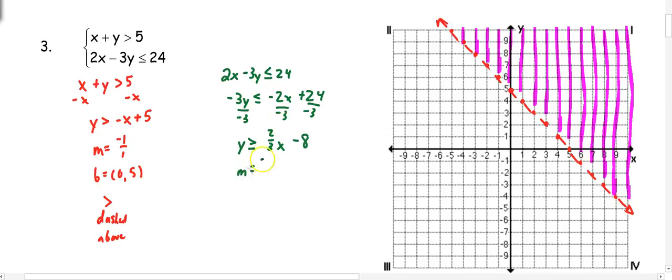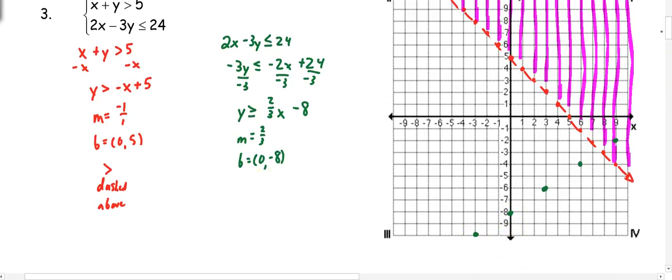So in this case, our slope is 2/3, and our b value is 0, negative 8. So I'm going to go to negative 8 on the y-axis. I'm going to use the slope up 2 over 3. And then I'm also going to go the opposite direction, down 2 over 3, so I can get a good line. This time it's a greater than or equal to sign, so that means we are going to have a solid line, and we are going to shade above.